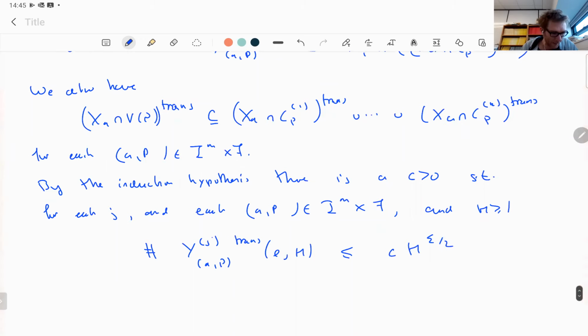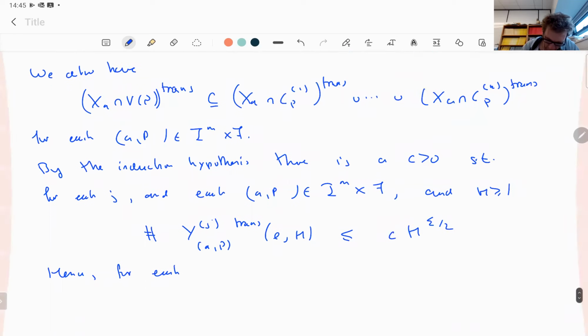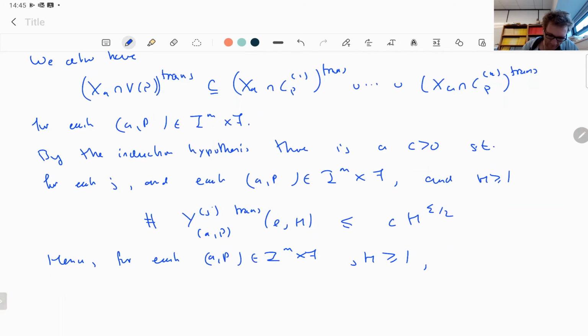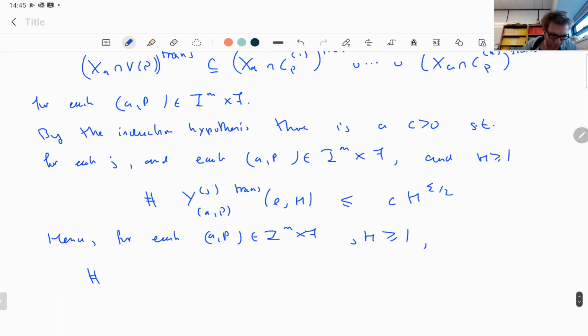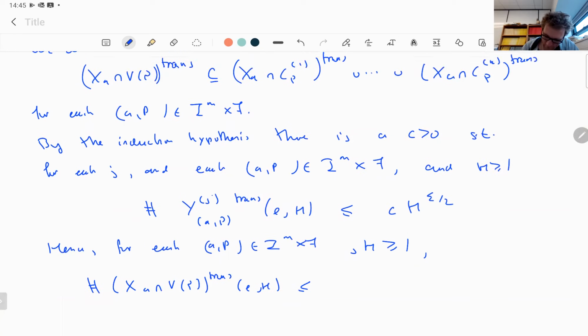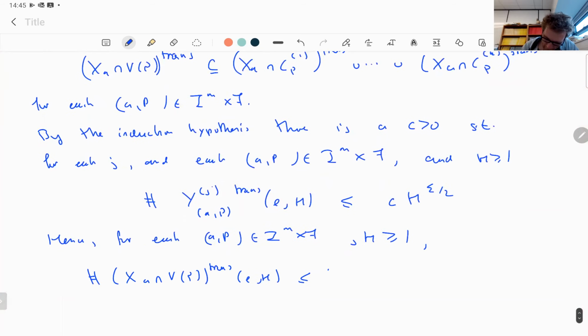So hence, for each AP and H at least one, the number of points on XA intersect BP trans EH is less than or equal to, so I've got K things, K each bounded like this.